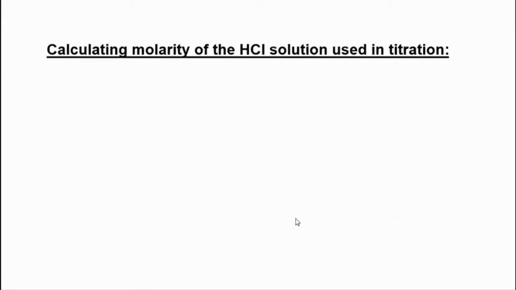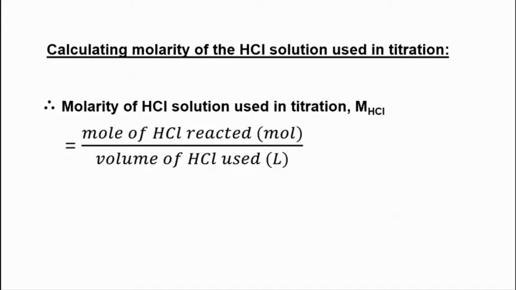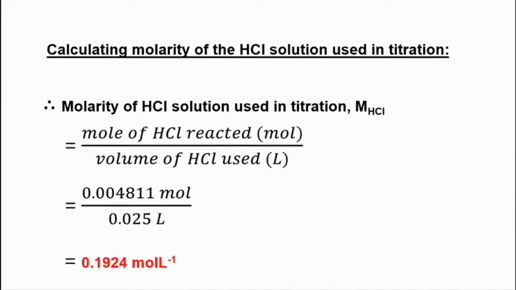And finally, we are going to calculate the molarity of the hydrochloric acid solution used in this titration. So moles of hydrochloric acid reacted divided by volume of hydrochloric acid used in liters. 0.004811 mole divided by 0.025 liters, and we are going to get 0.1924 mole per liter, or 0.1924 molar.